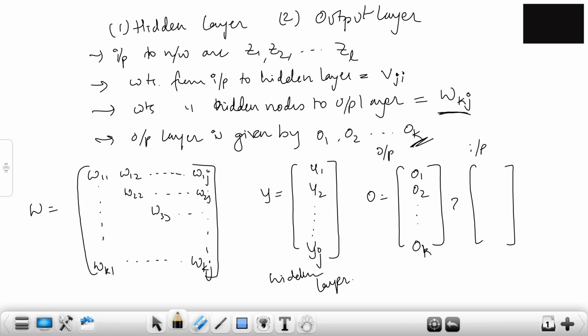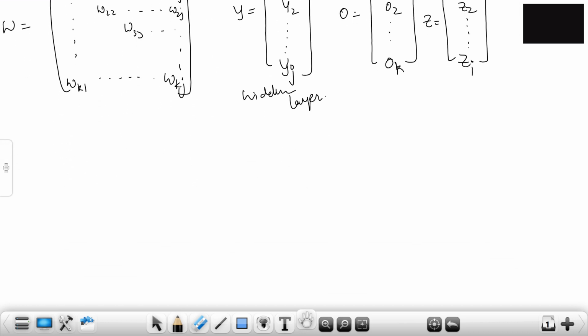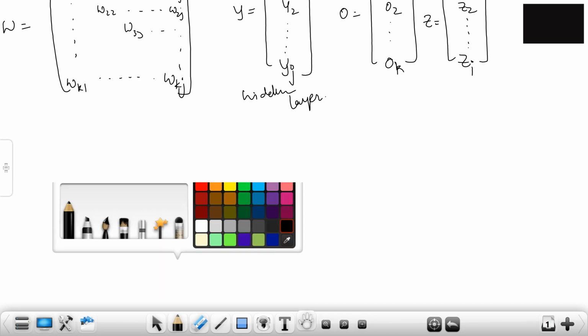Now for the input side, we have Z equals Z1, Z2, and so on till Zi. Now one matrix is remaining, that is V. V is the weight matrix between the input layer and the hidden layer. So I'm just going to write V over here.